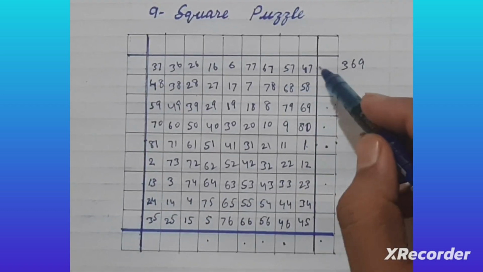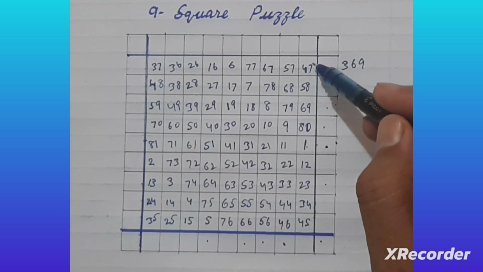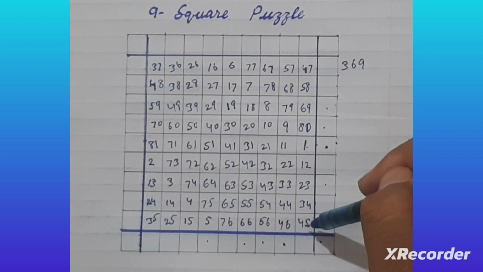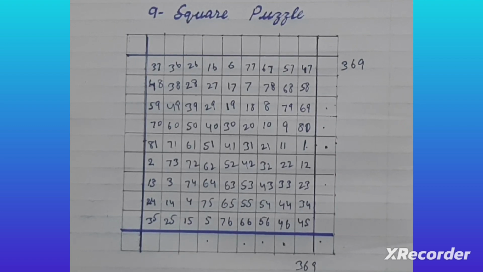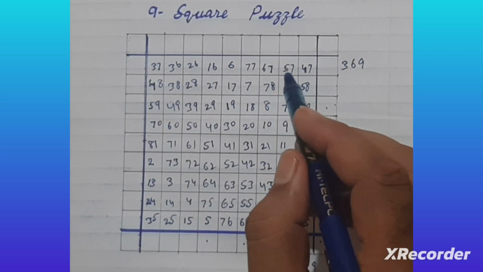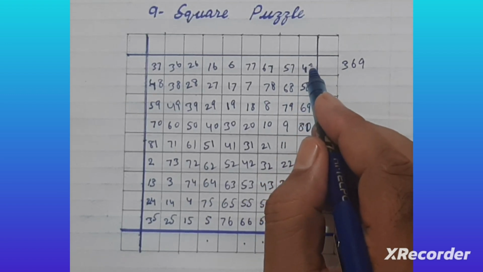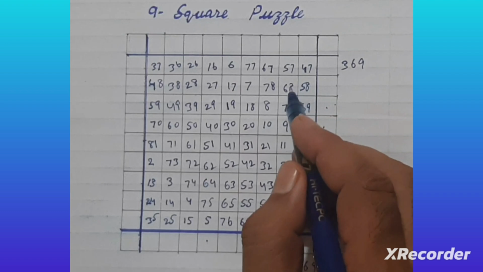This is a row wise sum, and when we add these numbers column wise, their sum is also 369.